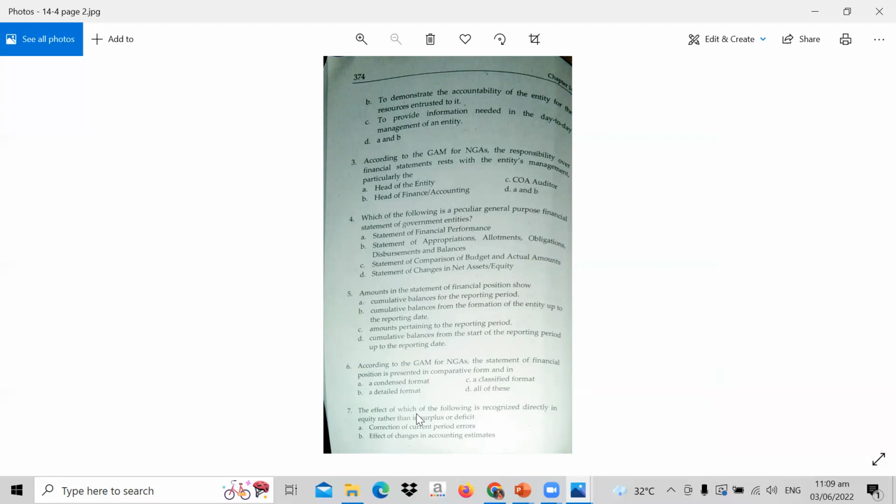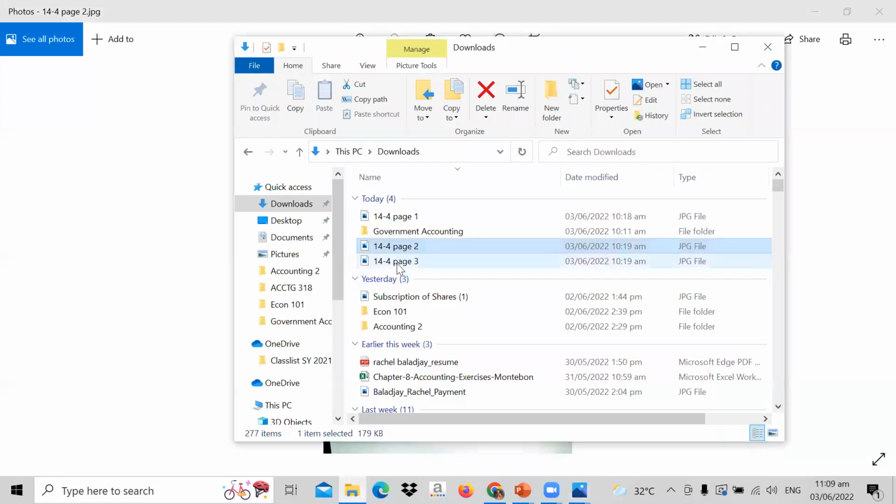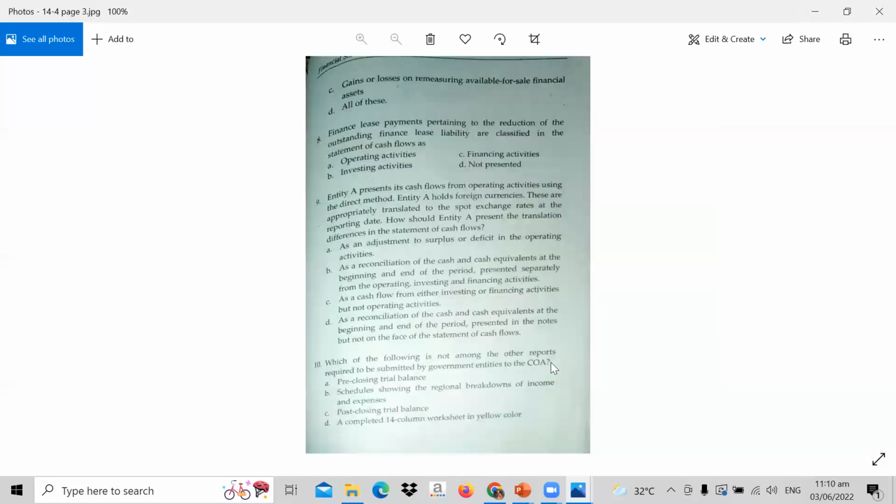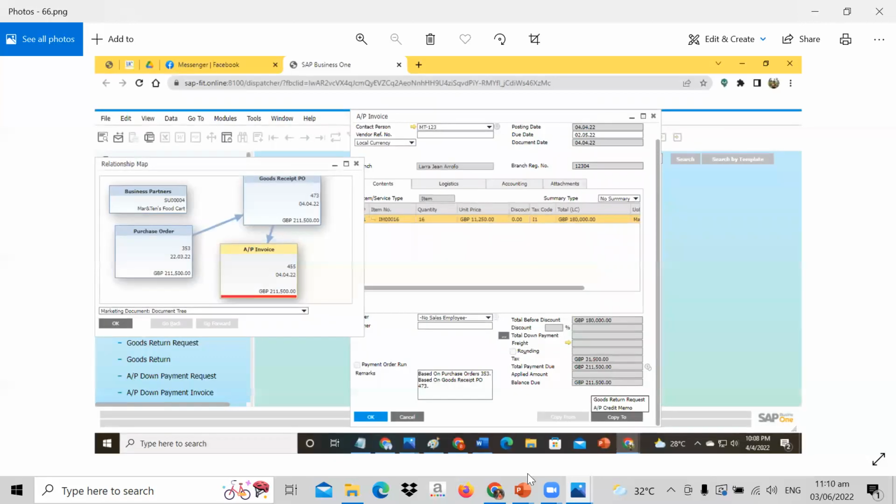Number 7, which of the following is recognized directly in equity rather than in surplus or deficit? The answer is actually on the next page, page 3. Okay, it's gains or losses on measuring. No, our answer should be all of these.